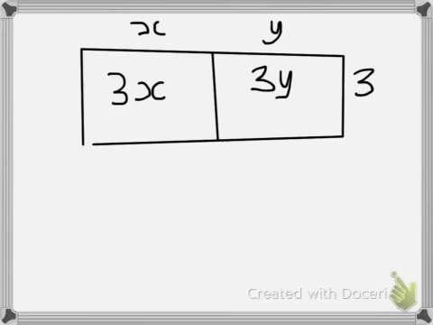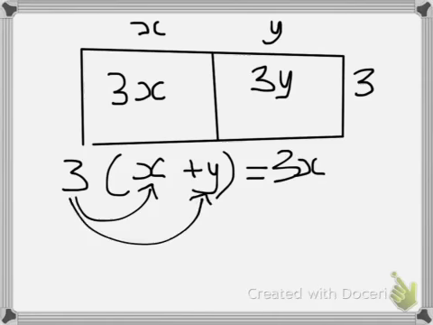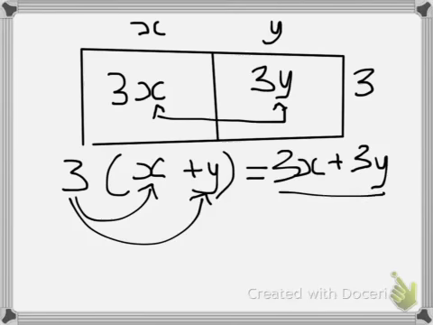And this equates to the idea of 3 times x plus y equaling 3x, and notice there's a plus in the middle, 3y. So the sum of these two items here is the same as the expansion.